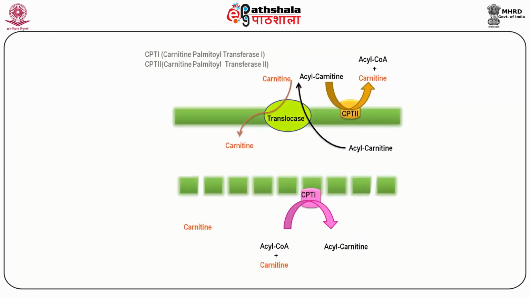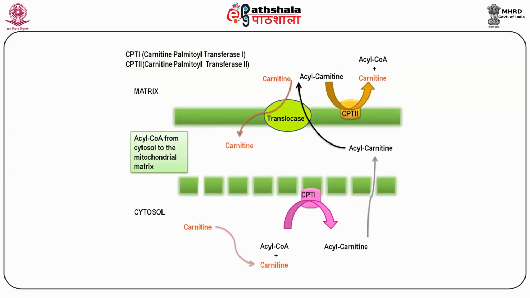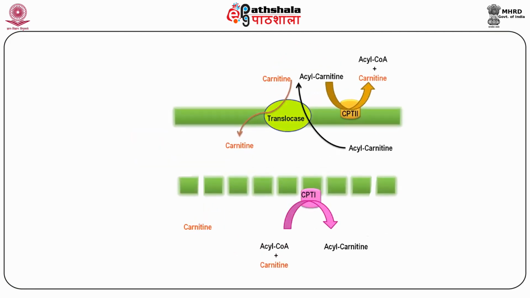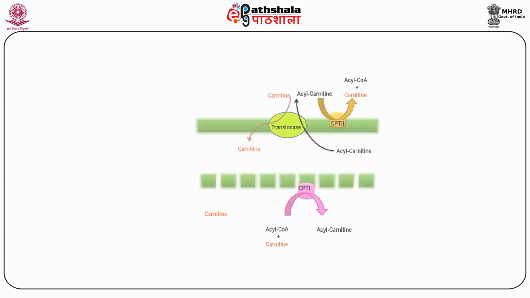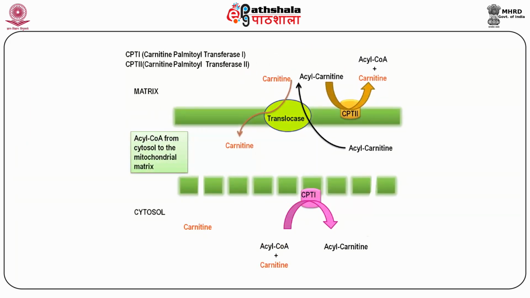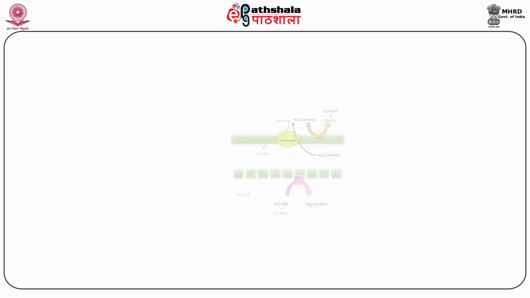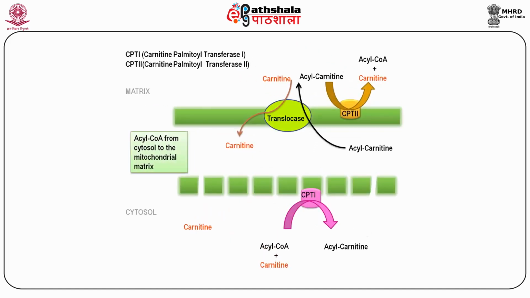In this pictorial representation, one can see how the carnitine is involved in the translocation of acyl-CoA from the cytosol to the mitochondrial matrix.